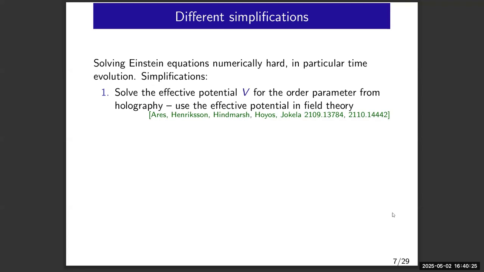Maybe the simplest thing that you can do from gauge gravity duality is that you can solve the effective potential for the order parameter of the phase transition by using gauge gravity duality, and then use this effective potential to do computations in field theory. And this kind of approach has been studied in these papers.